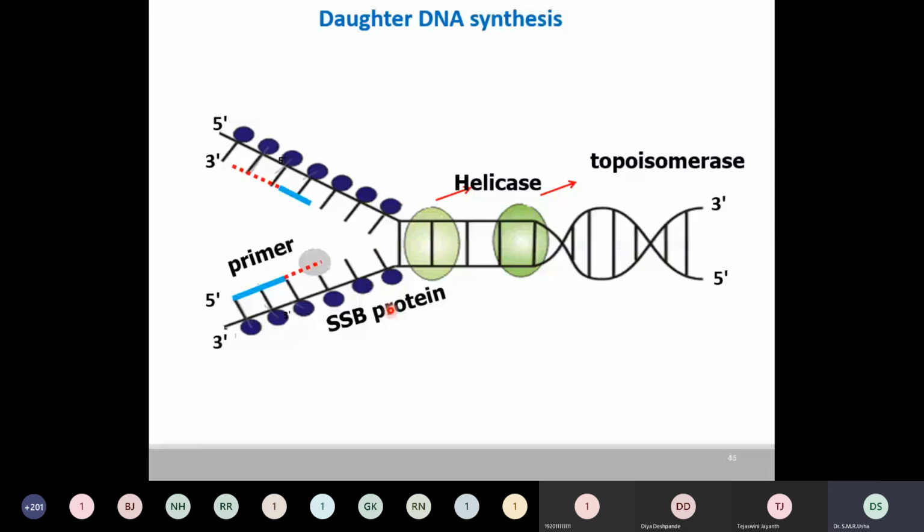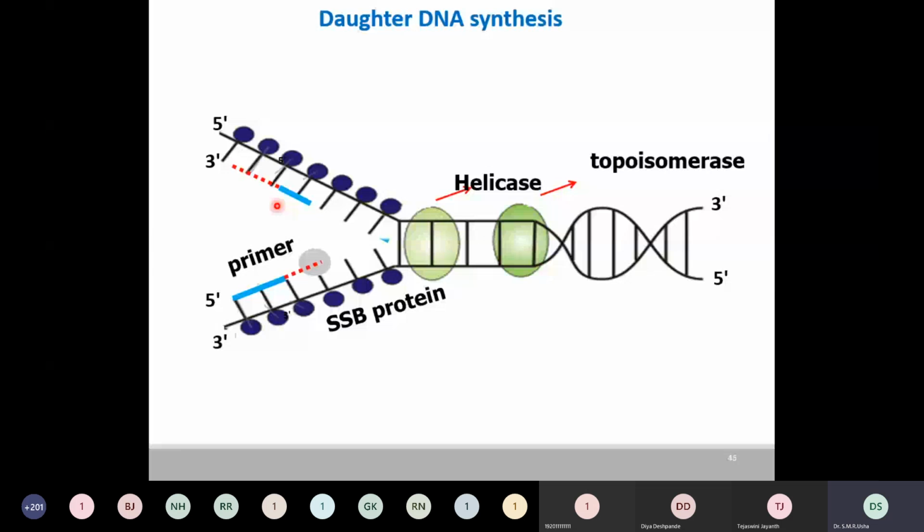Now, due to the limitation of the polymerase activity, one daughter DNA strand is synthesized continuously in the 5' to 3' direction from here to here, whereas on the other strand, it is synthesized discontinuously, away from the replication fork, in the 5' to 3' direction.